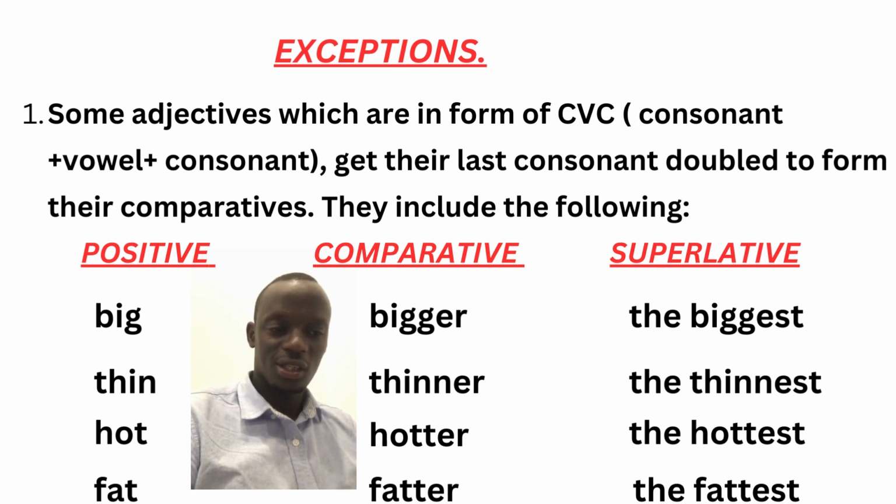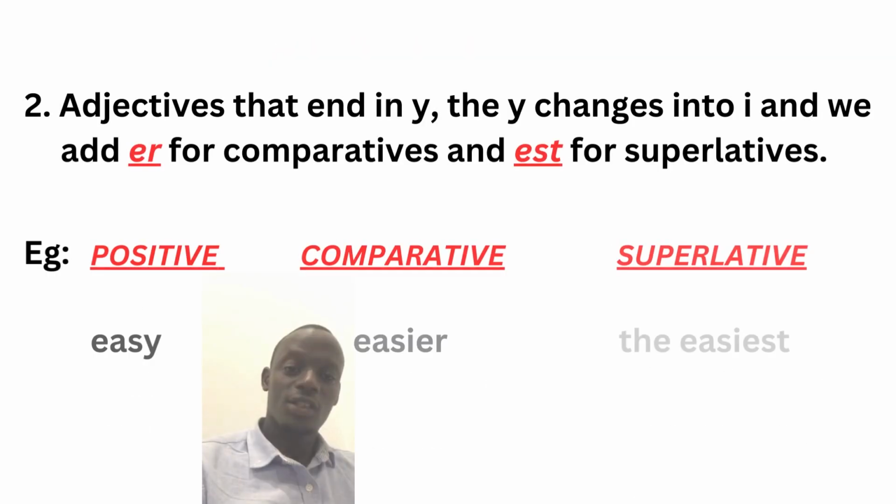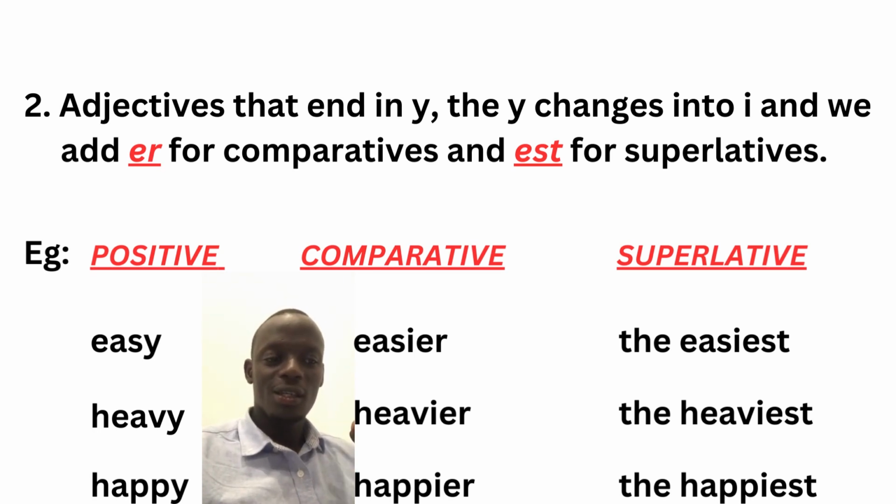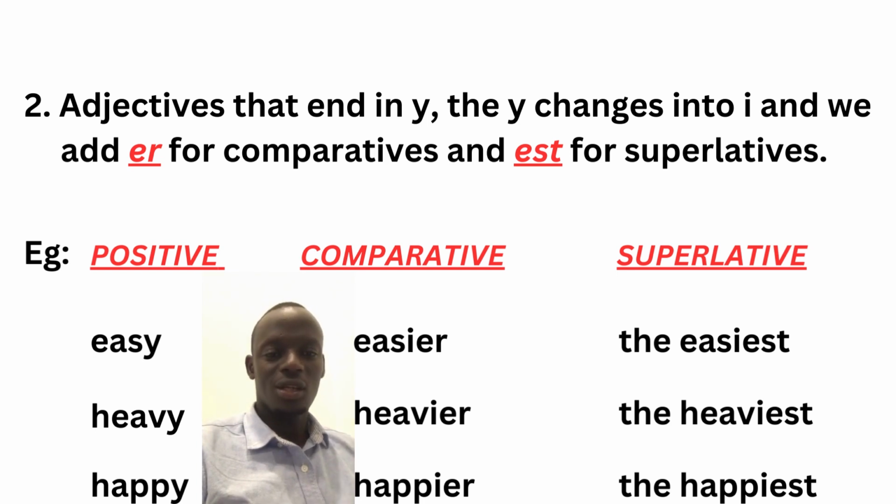So this is exception number 1. Exception number 2. We have some adjectives that end in Y. How do we do it? The Y changes into I first, and then we add ER for comparatives, and we add EST for superlatives. As you can see on your screen, you have the word easy.